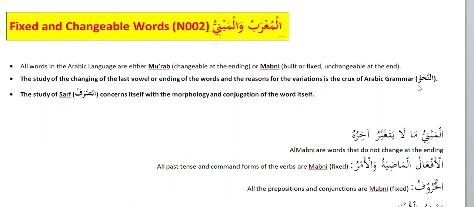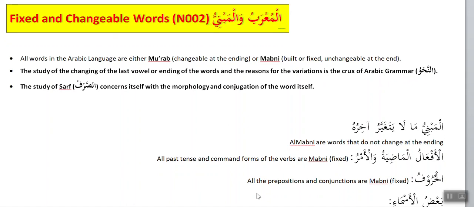So that's what Arabic grammar, which is called nahwu, is about. When you're looking at the last letter of the words that change, that is what Arabic grammar is about.